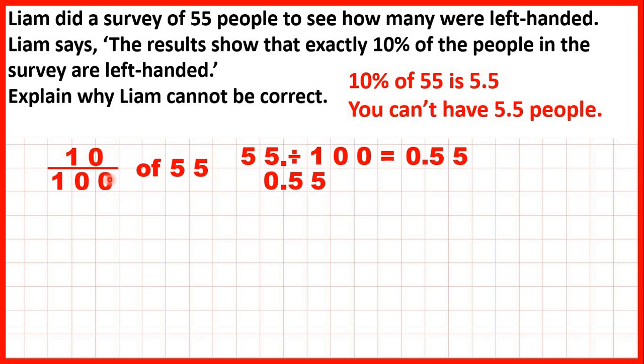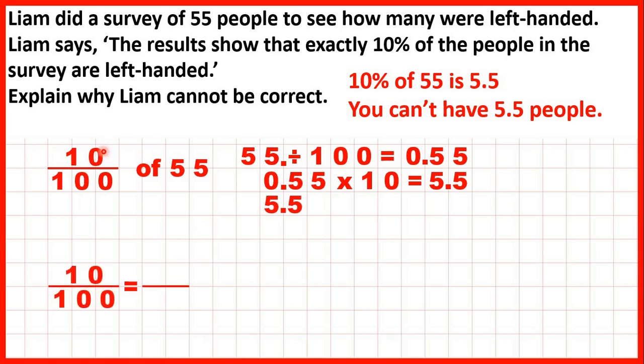So that's dividing by the denominator to get to 0.55, and now we need to multiply by the numerator, so multiply by 10, and that gives us 5.5, because to multiply by 10, digits move 1 square to the left.